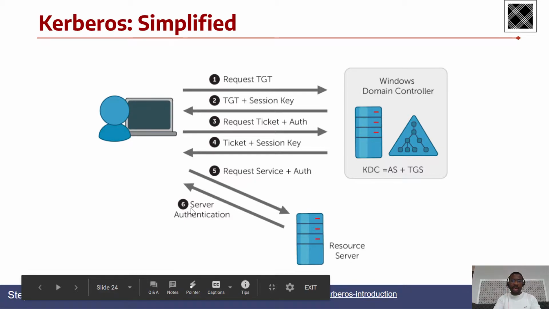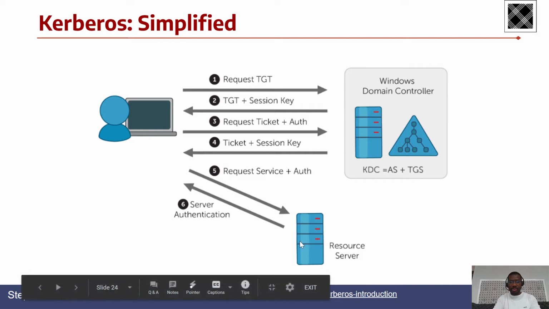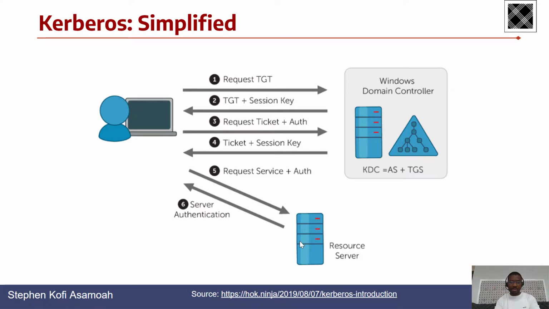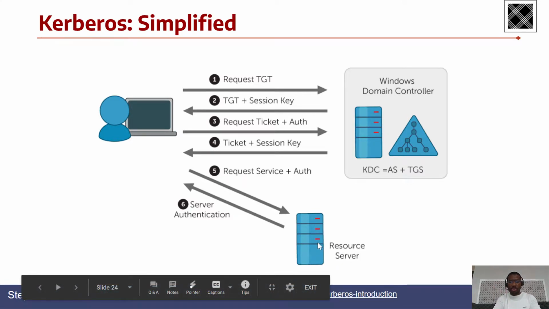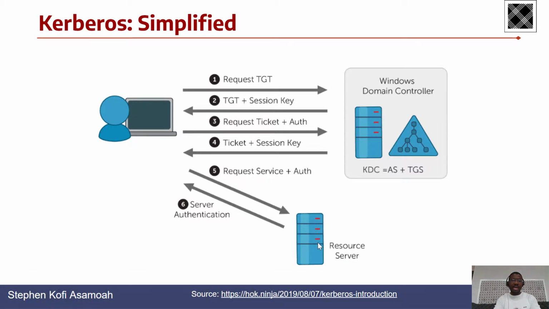So the key thing here is the KDC does the authentication for you to prove who you are, but this server, or whichever one, it can be a web server, file share server, printer, whatever, that server is going to determine if you are authorized for that resource. It will either grant it or deny you access. And we'll do a demo on that so you see how things work.